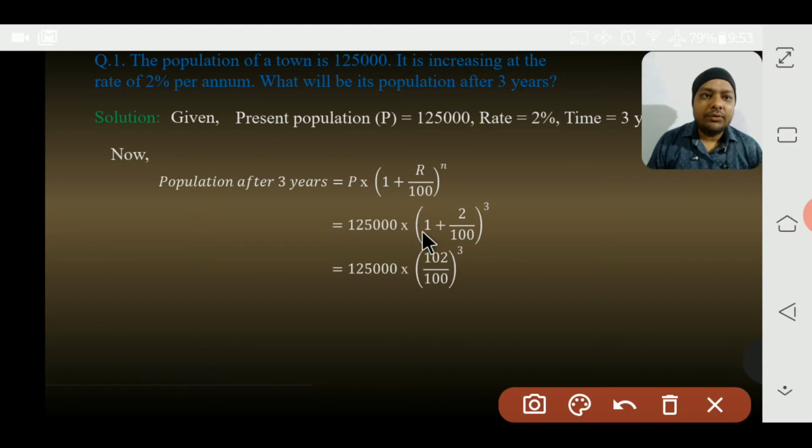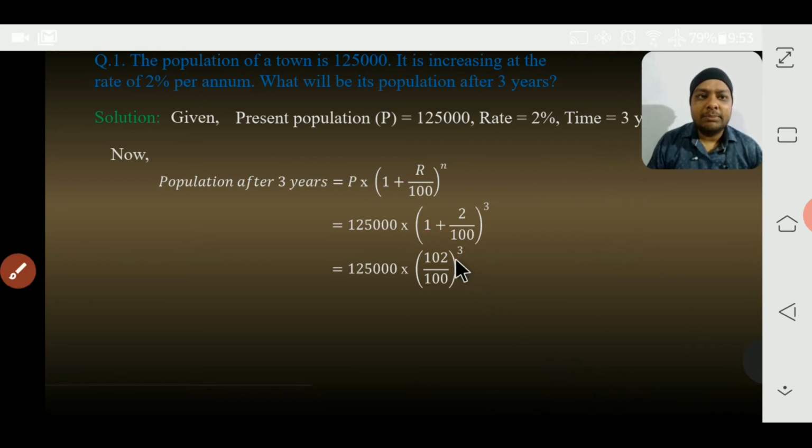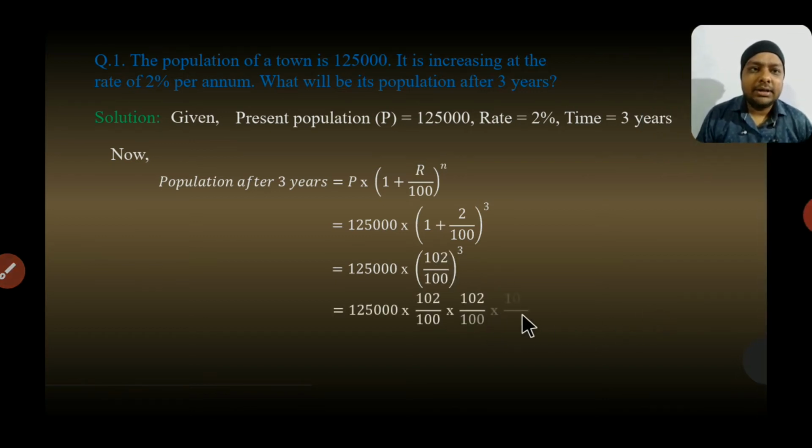Because for 1 downside we write 1, the LCM is 100, and 1 divided by 1 times 100 plus 2 is 102. You can see here that the power is 3, so we have to write 102/100 three times.